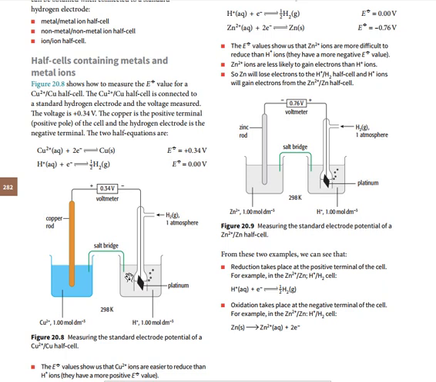If you have a solution with silver, it's preferable to use potassium nitrate, because silver chloride is not soluble. But for other solutions, you can simply use potassium chloride. So this is the salt bridge here.